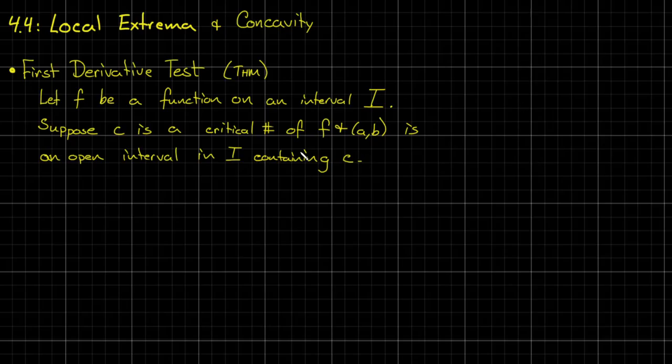If, three possibilities, f prime of x is greater than 0 for some value x between a and c, for a is less than x is less than c.